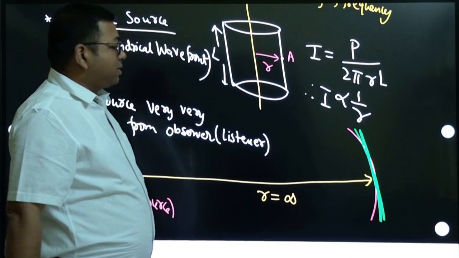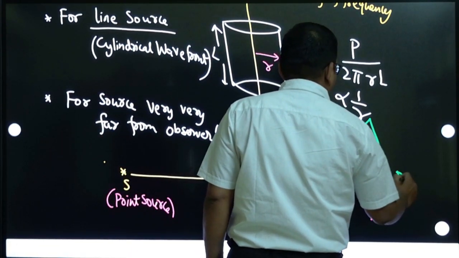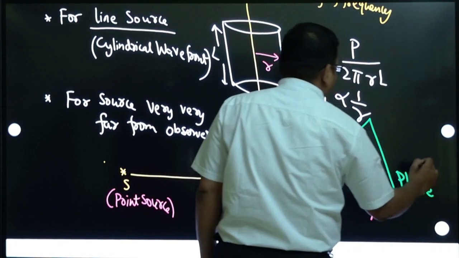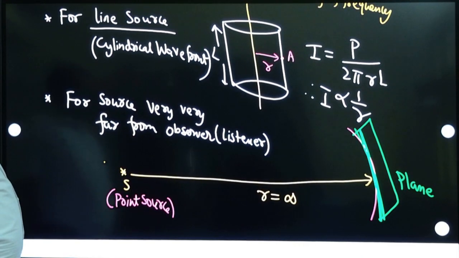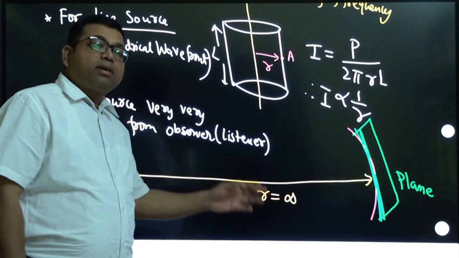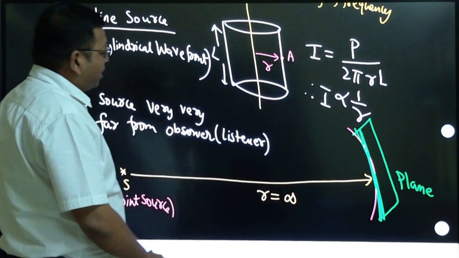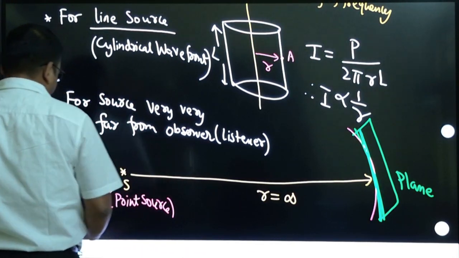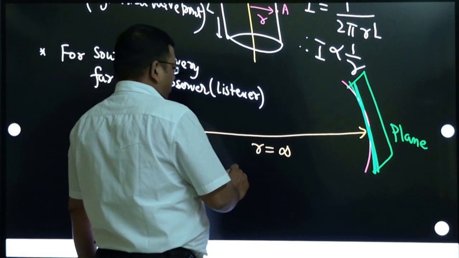So if the surface is flat or plane, then will it depend or not? Here it will not depend because the distance is very far away. So it does not depend on radius. You can say that the intensity is independent of radius.